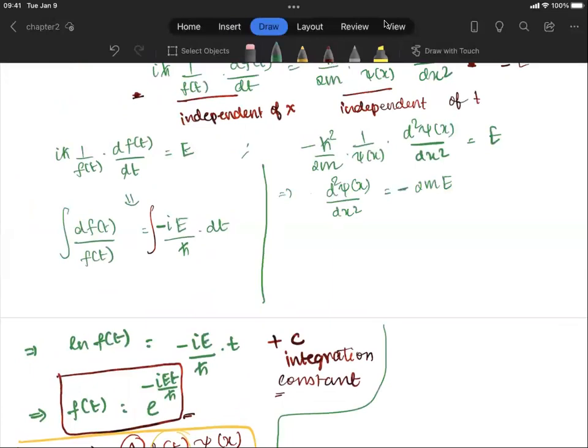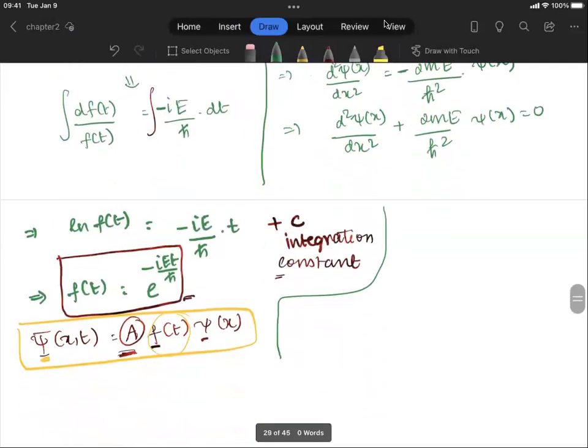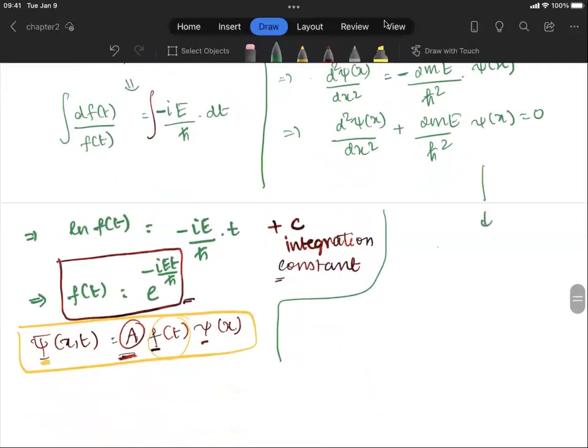I'm going to transfer the negative sign to the right-hand side. Now I can put all of these terms on one side of the equation to give me this. Now this is of the form of a second order differential equation.